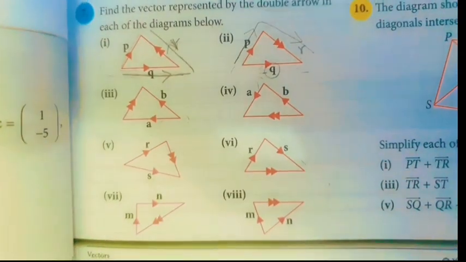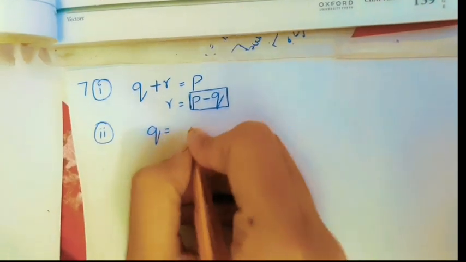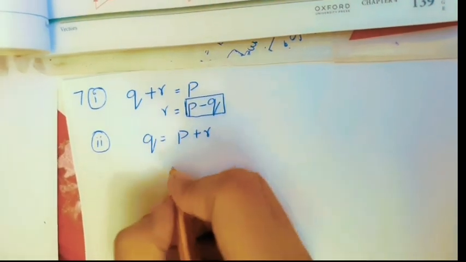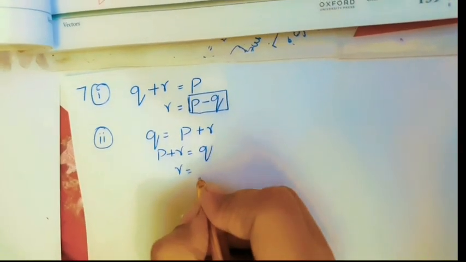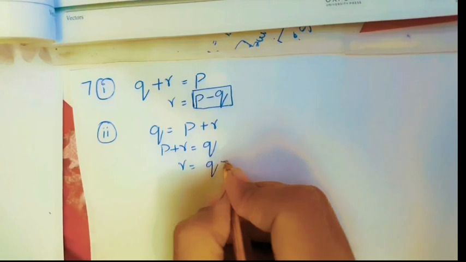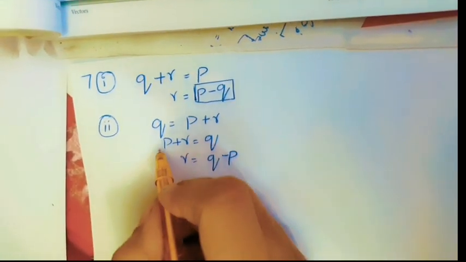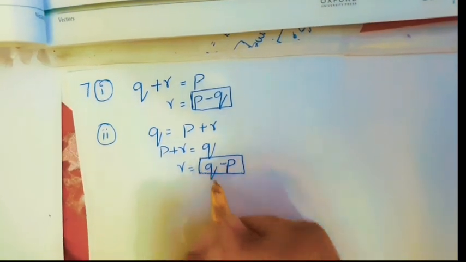So Q is equal to P plus R. Okay, P plus R. So we can write P plus R is equal to Q, and to make R the subject, Q minus P, because I am shifting P from here to this side. Here it's positive, and if we move to this side it would be negative. So the answer would be Q minus P.